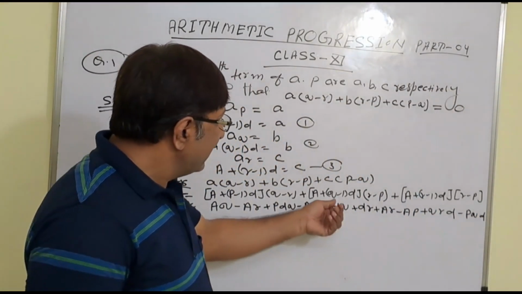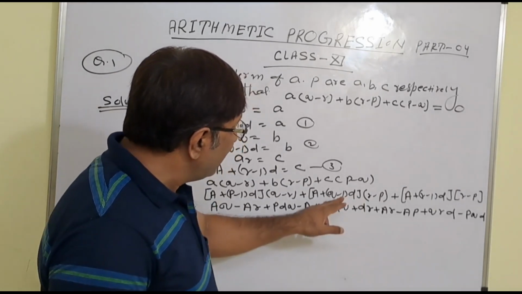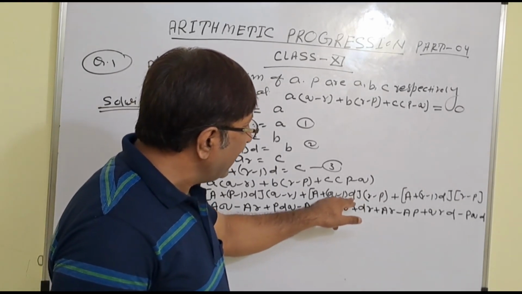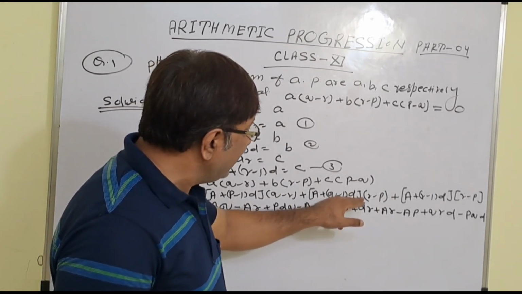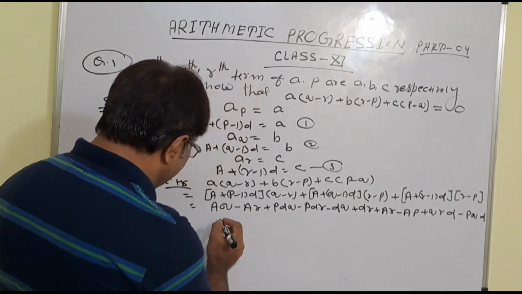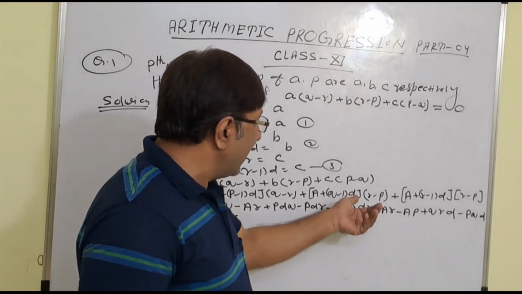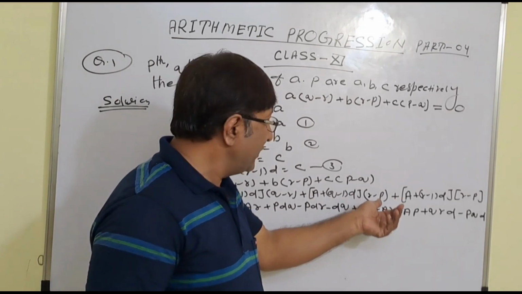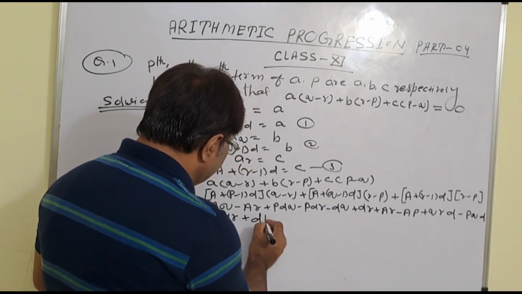Now minus D into R is minus DR. Again minus D into minus P is plus DP.